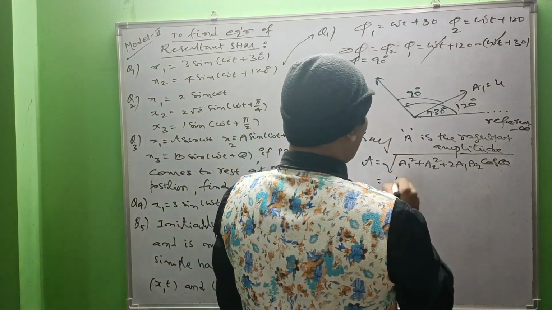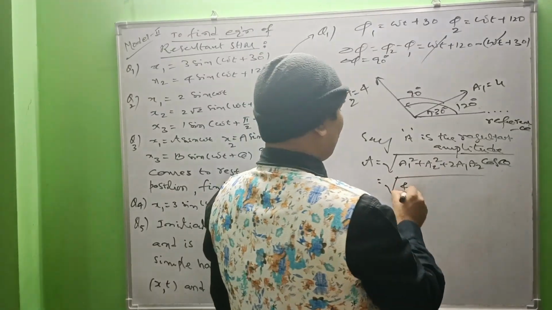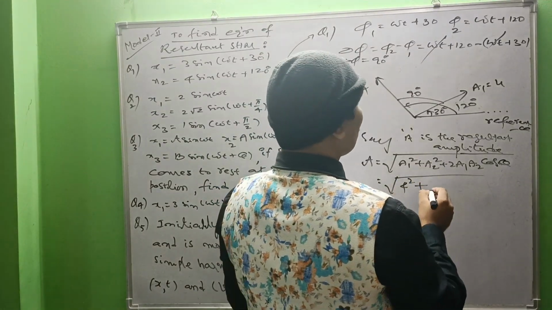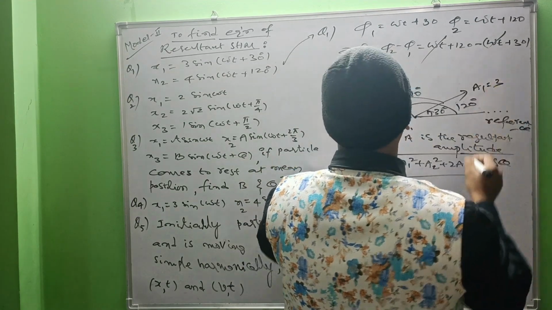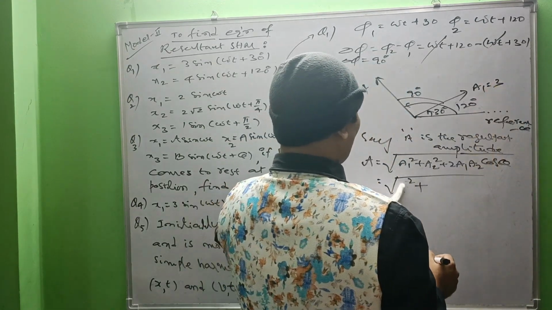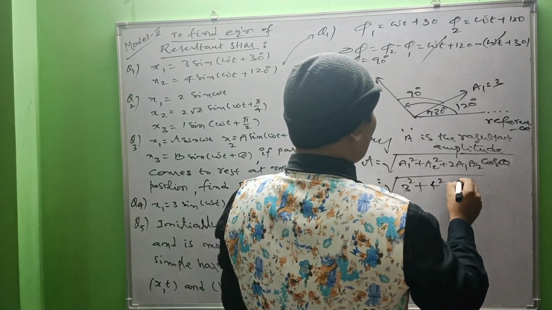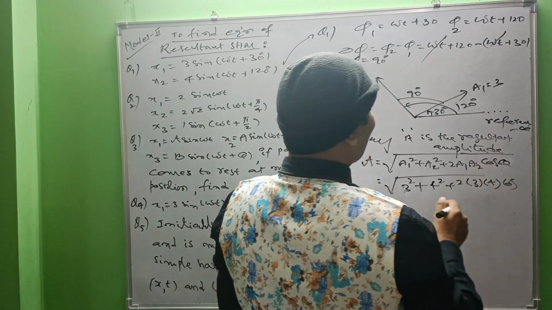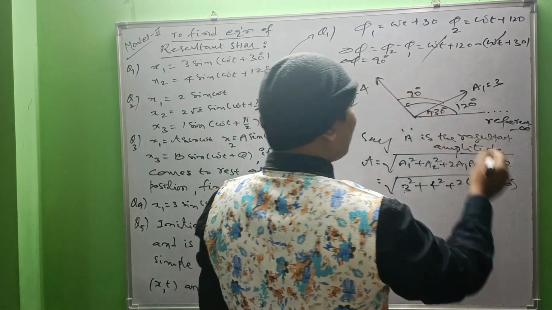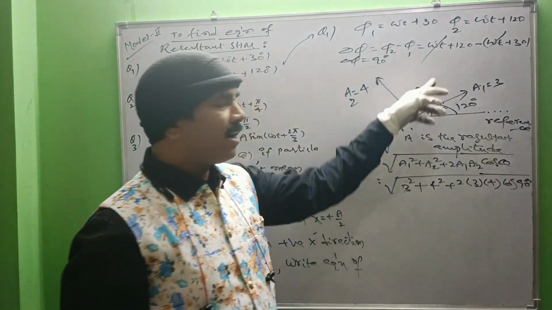Now A can be written as A1 square plus A2 square, where A1 equals 3 and A2 equals 4. So that is 3 square plus 4 square plus 2 into 3 into 4 into cos 90 degrees. A1 and A2 are inclined at an angle of 90.